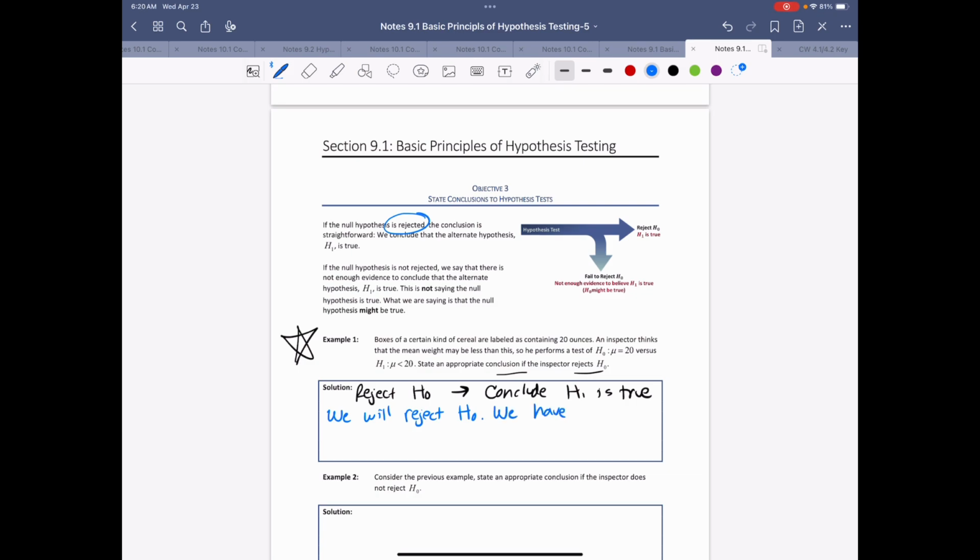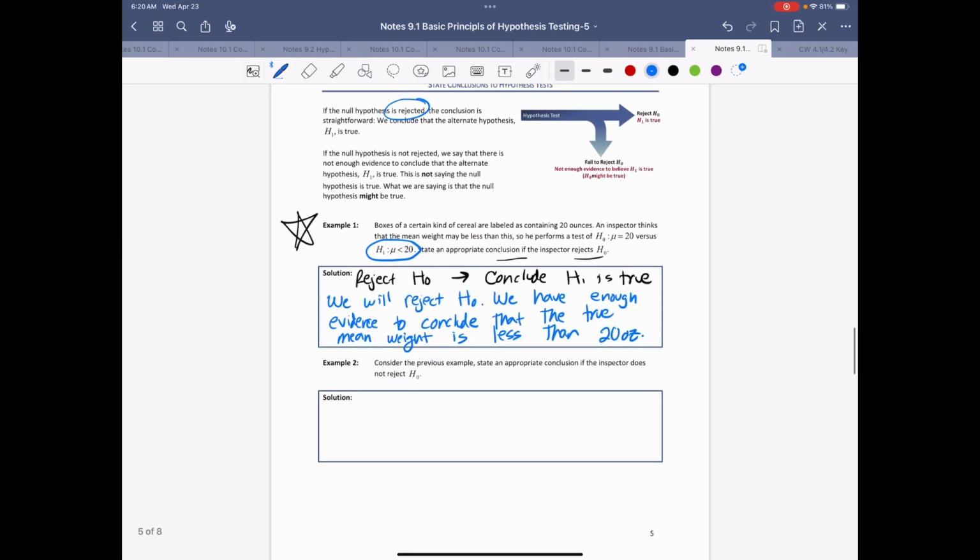We have enough evidence to conclude, and you look at H1 and you conclude H1, and you do that in context. So we're going to say we have enough evidence to conclude that the true mean weight is less than 20 ounces. You want to say true mean, just like in our confidence intervals.